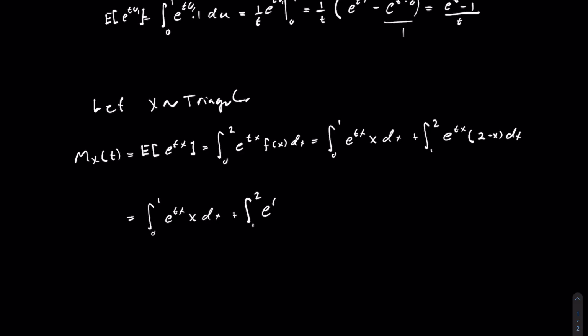The integral from 1 to 2 of e to the tx, then there is a 2, so that's the 2 dx. And then there is a minus going from 1 to 2 of e to the tx x dx.